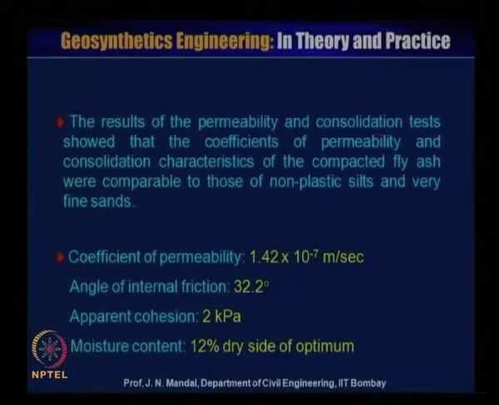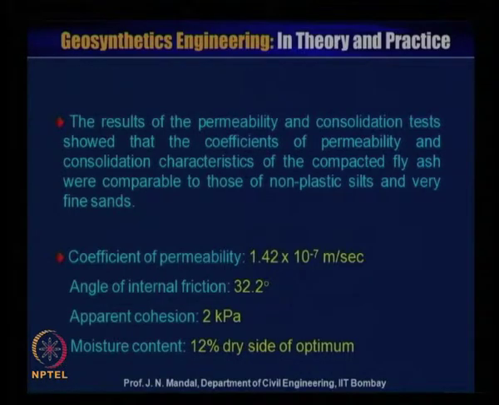The result of the permeability and consolidation test shows that the coefficient of permeability and the consolidation characteristics of the compacted fly ash were comparable to those of non-plastic silt and very fine sand. As you observe, what was mentioned and what we obtained is quite comparable.